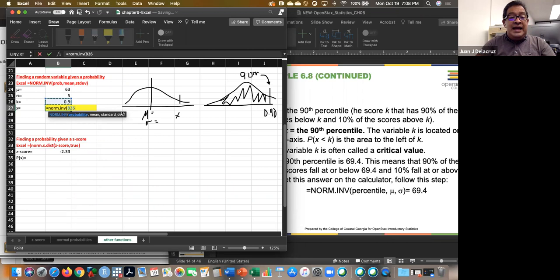Then I introduce the mean, then the standard deviation, and I don't have to do anything else, right? So this value here is going to be 69.41, which corresponds to the 90th percentile.